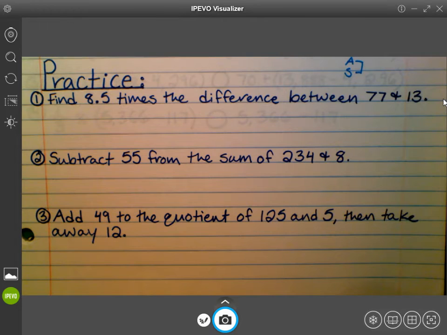Okay, you don't need to write an and symbol in negative. You can write out the word and. It's totally fine.